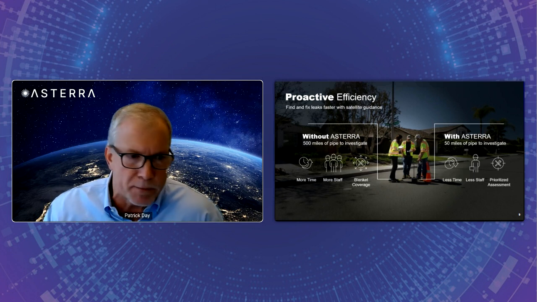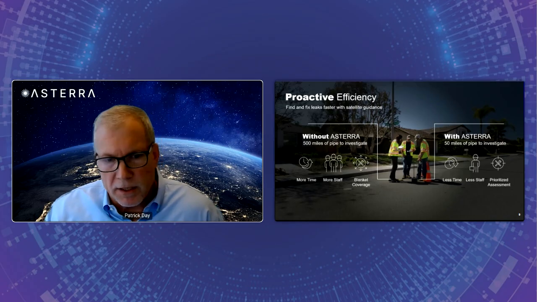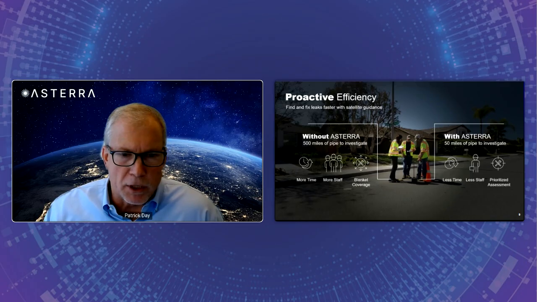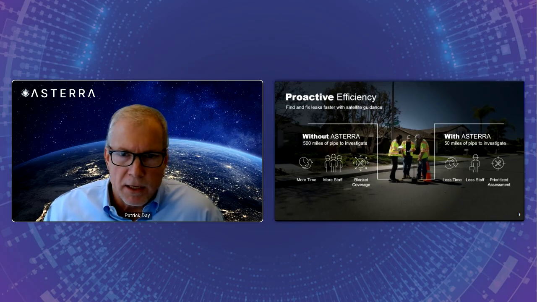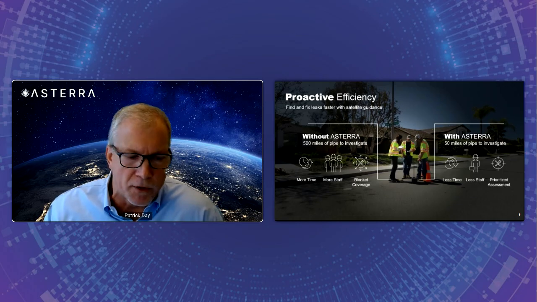So again, 10 to 15% is what we're bringing from an efficiency perspective, because we know that time, your staff, and the ability to get out and investigate is incredibly important, and you've got to make the most of those limited resources.